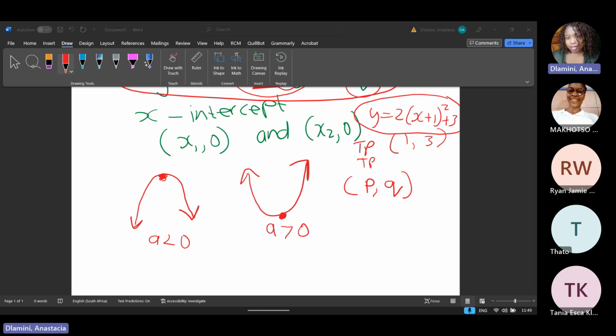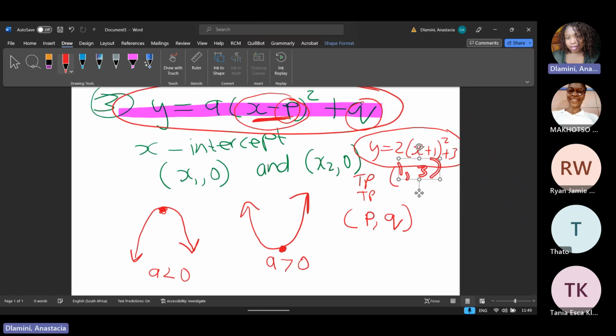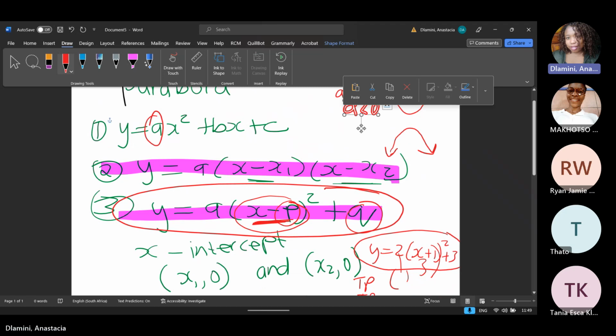Okay, before that, because you just came in now, I was showing there are three ways which you can represent a parabola. The first one is called the standard form, y equals ax squared plus bx plus c. The second one is the factorization form, which is y equals a(x minus x1)(x minus x2), right?